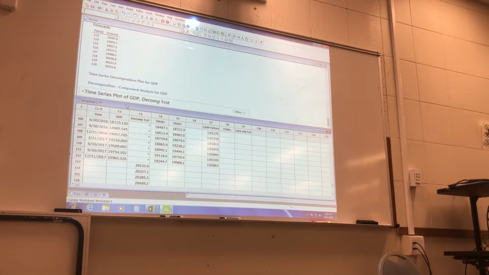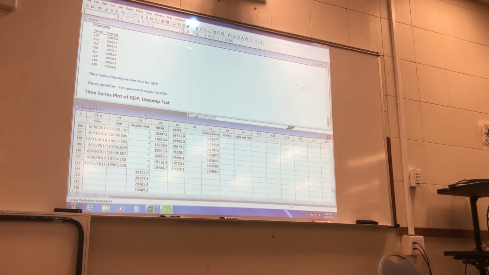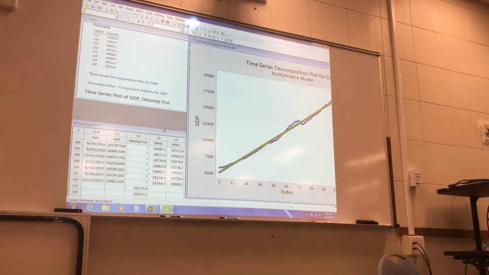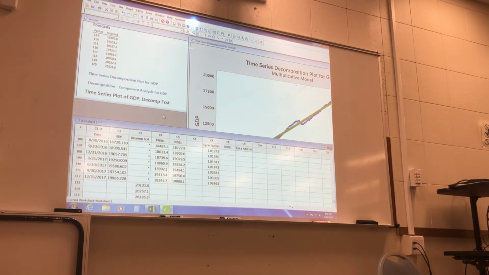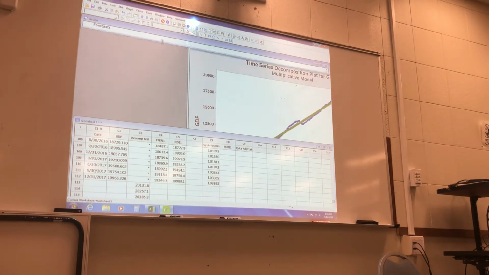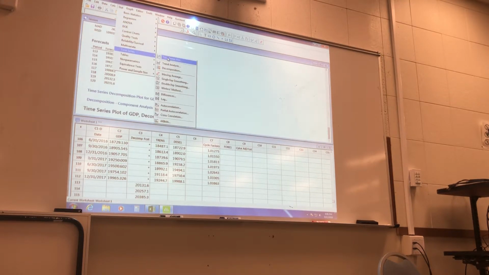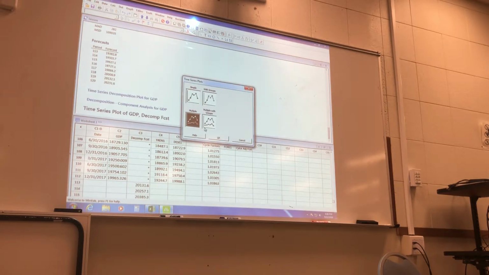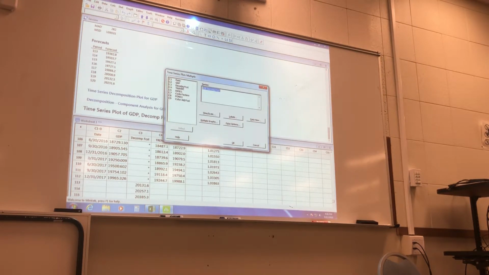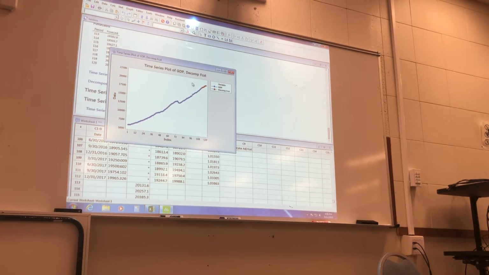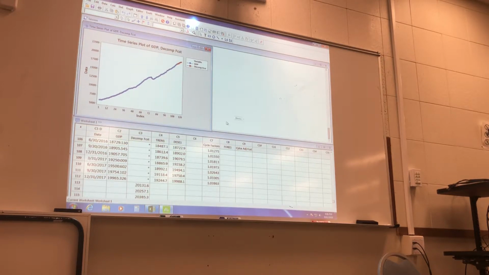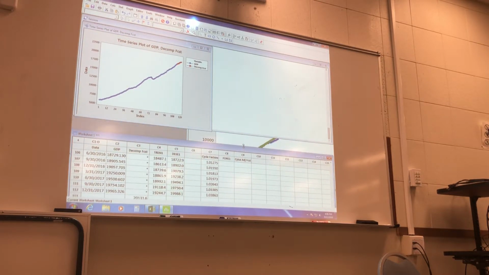Yes. And when I do that, I get a forecast. I'll do it again. Go to Stat, Time Series Plot, Multiple, GDP, decomp forecast. And which forecast looks the best, betwixt the two?